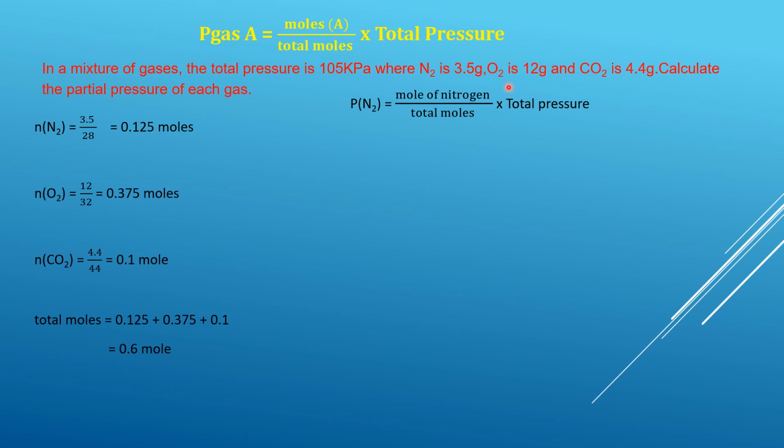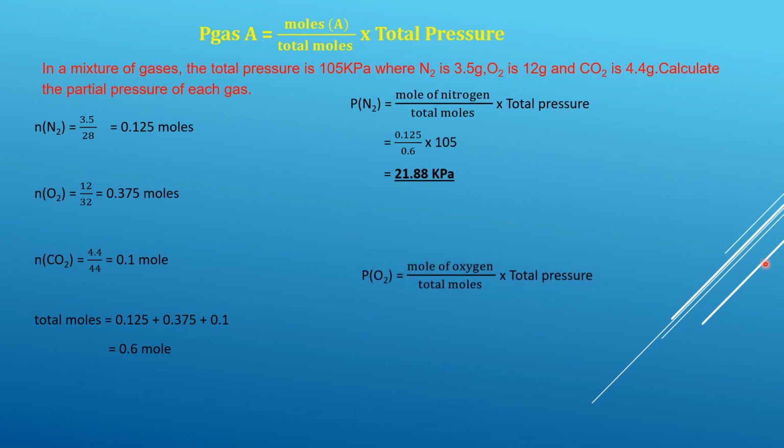The formula says mole of the gas, which is nitrogen, divided by total moles times total pressure. So let's substitute. The mole of nitrogen we have calculated here, 0.125 moles. So that's the mole that is put here. Total mole is 0.6, so that goes as a denominator, times 105, which is our total pressure. So the partial pressure of nitrogen will be 21.88 kilopascal.